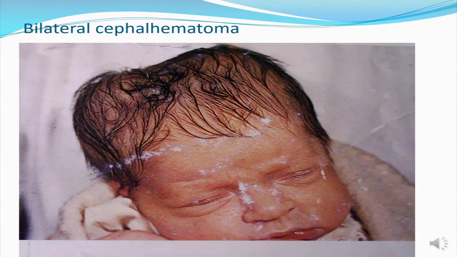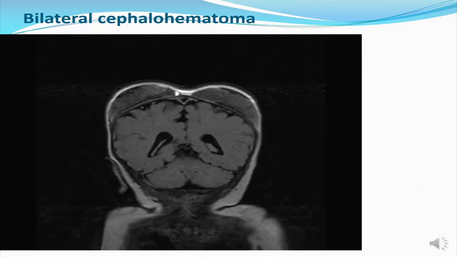Bilateral cephalhematoma here, it is limited to the suture line, so it will not cross the suture lines. It could be unilateral or bilateral, and it requires a longer time to disappear. This is also seen on imaging of the head, bilateral cephalhematoma.